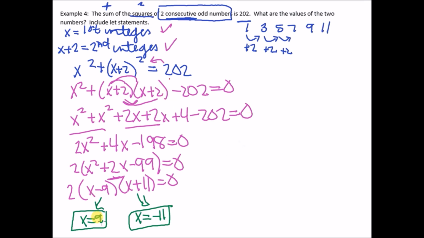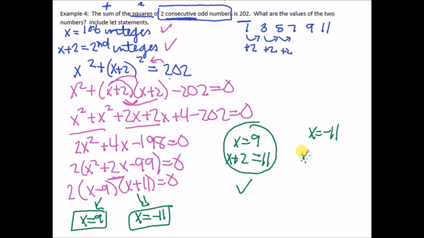Okay, so we have the equation x and x plus 2. So if x equals 9, then x plus 2 is going to equal 11. So that is one combination that we can get. Now, if x equals negative 11, then x plus 2 is going to be negative 11 plus 2, which is negative 9.